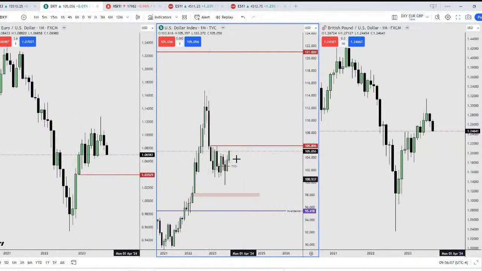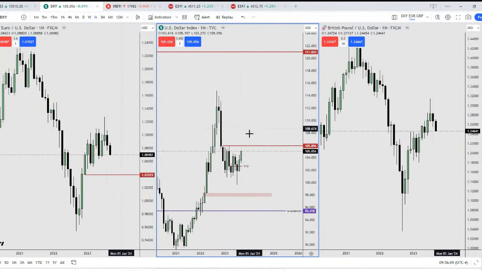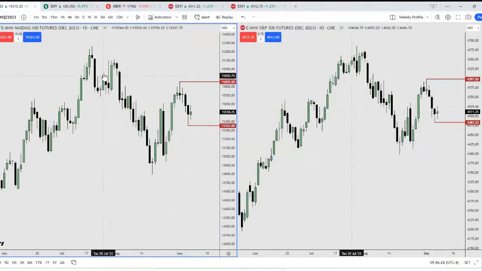So if I'm expecting dollar to be bullish, then obviously that caps the upsides for indexes. But then again, it doesn't have to move in tandem with the dollar, right? As you can see from July onwards, it's moving together with the dollar.